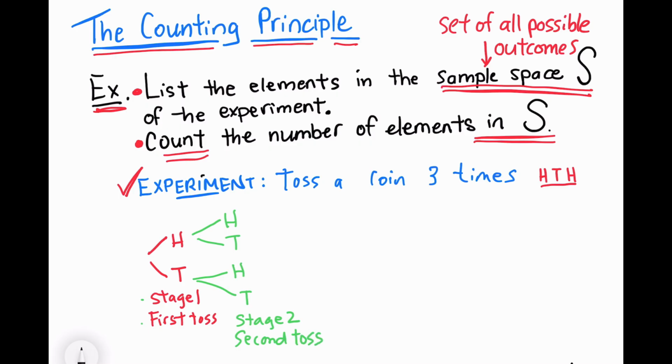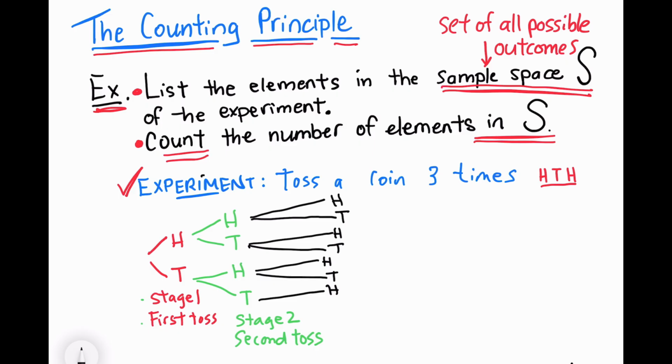Finally, the third stage, I could get heads or tails on my third toss. So I'm just going to write out all these possibilities just to keep track of everything that could have happened. And I'm going to call this stage 3. So this is my third toss.